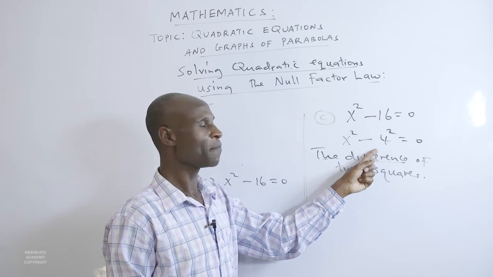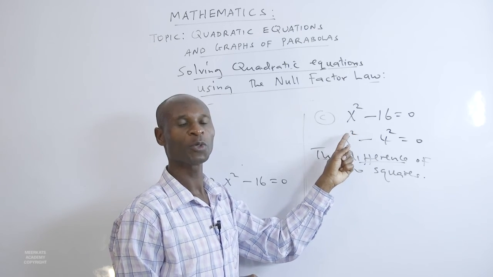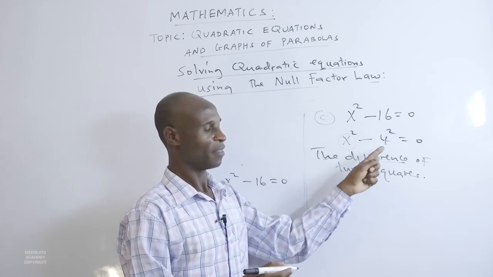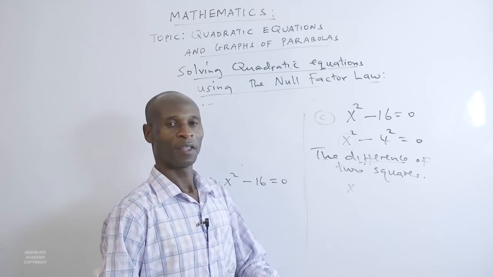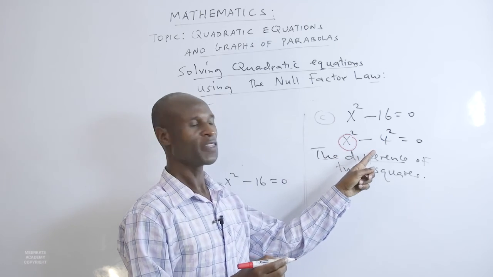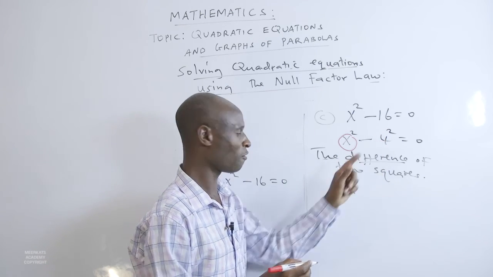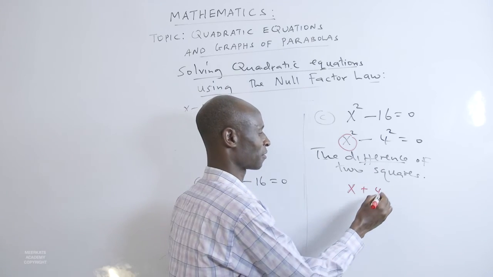What we do, we pick the first value. Like here we have x squared, so we shall only pick x. Then, in the second factor, we pick 4, because it's 4 squared. So we only pick 4. So there is a plus.